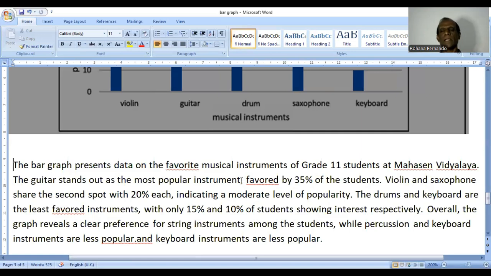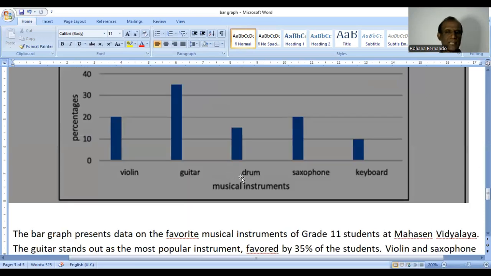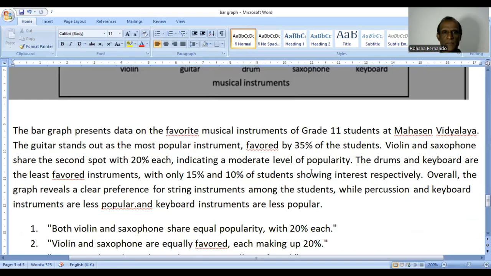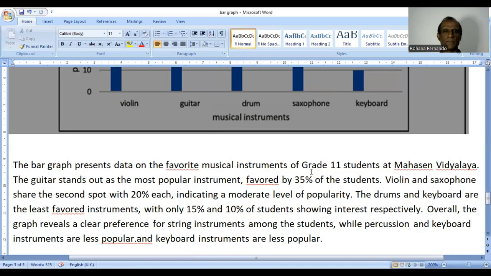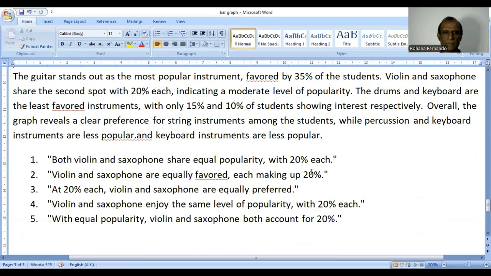Instead of writing "it is favored by 35% of the students," we just put a comma and write "favored by 35% of the students." Violin and saxophone share the second spot with 20% each, indicating a moderate level of popularity.